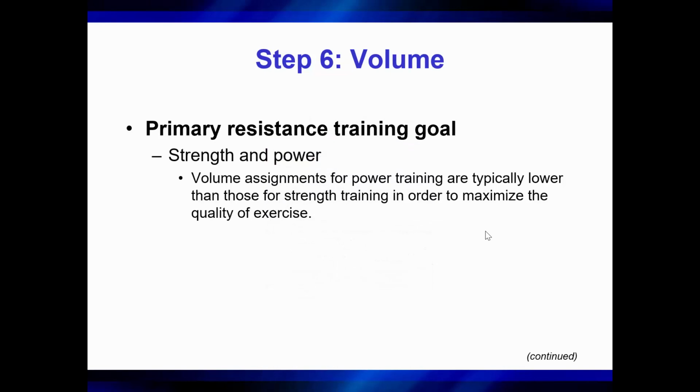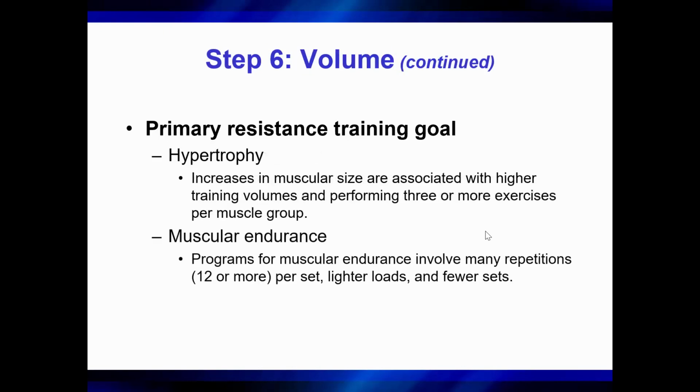Now with volume, for our primary resistance training goals of strength and power, the volume assignments for power training are typically lower than those for strength because we need high quality. We need the nervous system to be able to send that signal down extremely fast. Hypertrophy, okay? The increases in muscular size are simply associated with higher training volumes and time under tension and performing 3 or more exercises per muscle group if hypertrophy is your main goal.